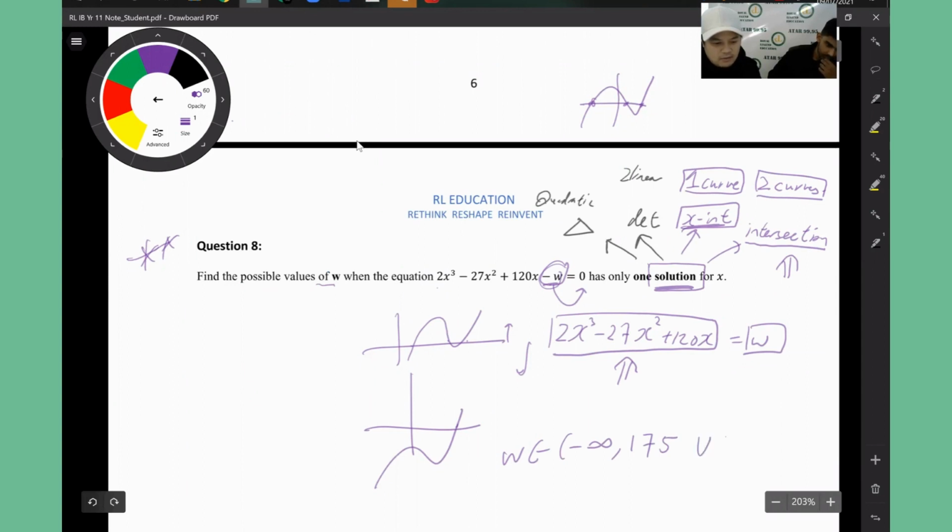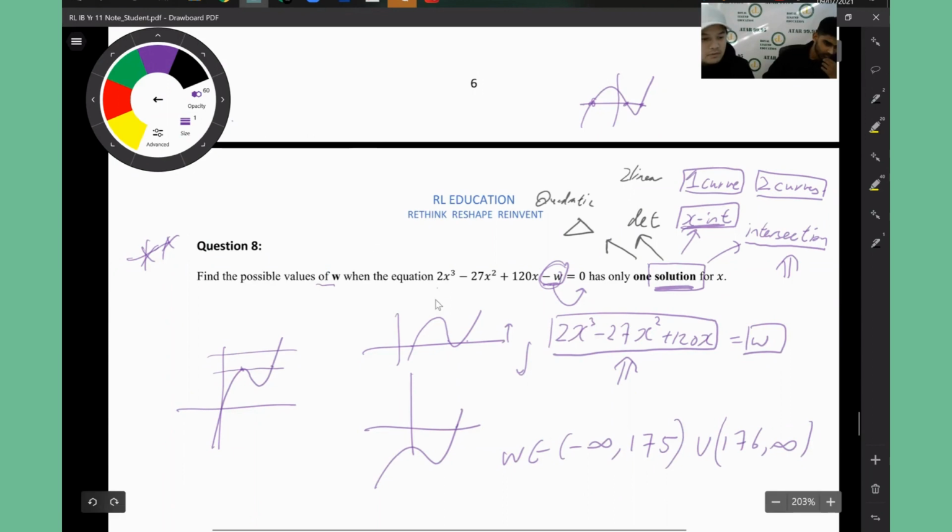What bracket? Round bracket. And 176 to infinity. Round bracket. Exactly, good. Because your diagram is like this here. You can draw this, but if you touch 2, I don't want 2, so round and round. Does it make sense? Yeah?